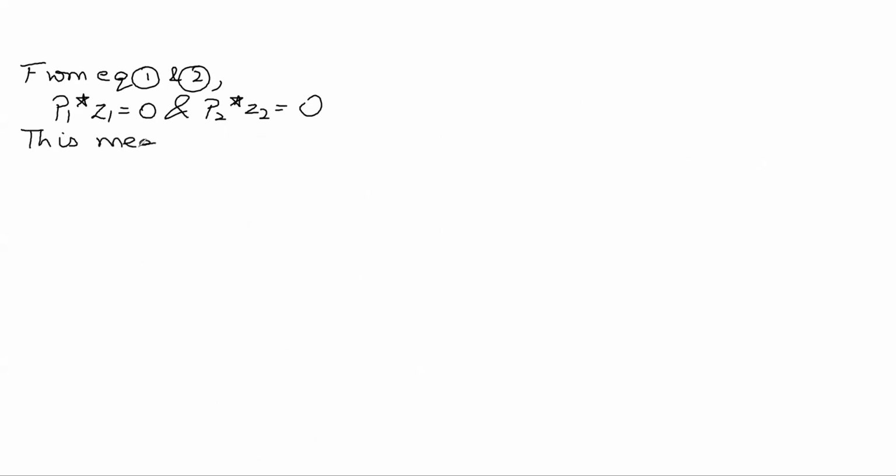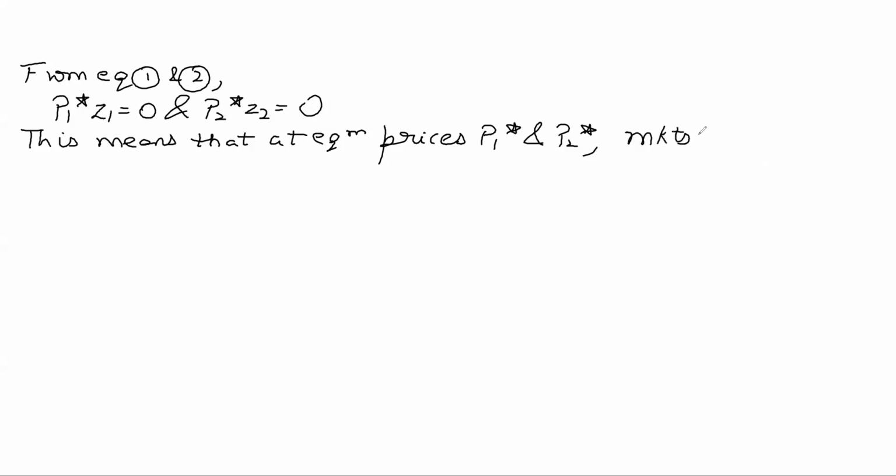So if I now see, from equation 1 and 2, what do we get? P1 star into Z1 is equal to 0 and P2 star into Z2 is equal to 0. What does this mean? This means that at the equilibrium prices P1 star and P2 star, markets for both good 1 and 2 are in equilibrium.